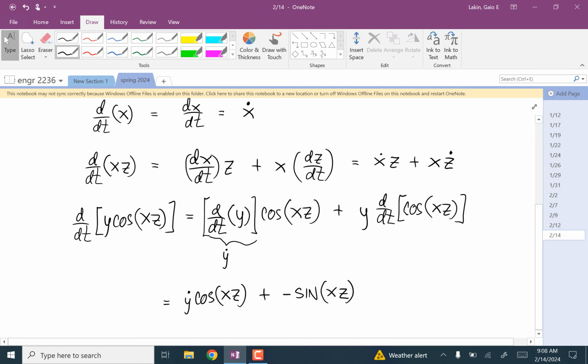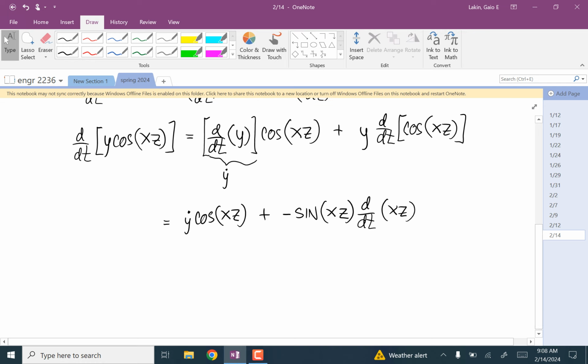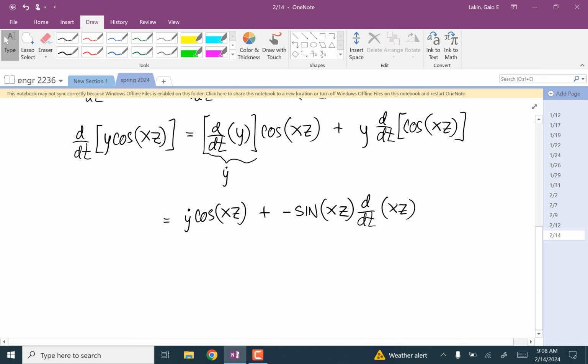That's the derivative of the cosine function with respect to what's inside there, times d dt of xz. And I forgot to multiply by the y here, so I'm just going to put the y there. We still have the negative from the derivative of the cosine. Okay.